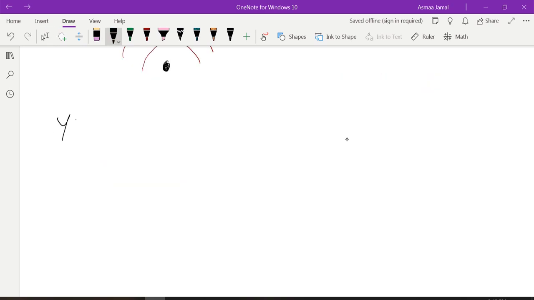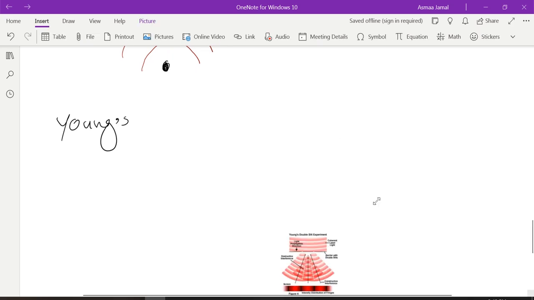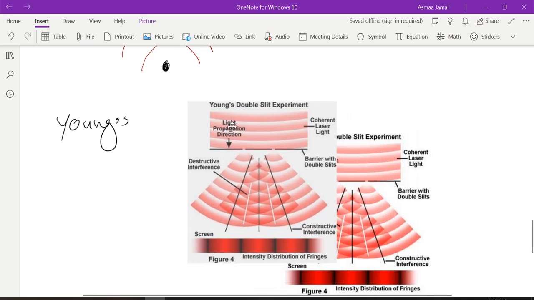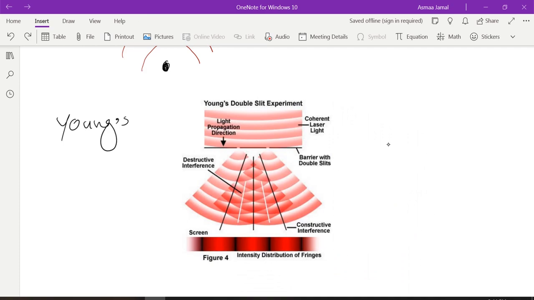Young also explained almost a similar idea about the waves. He did an experiment by using a source of light. We call it the double slit experiment.